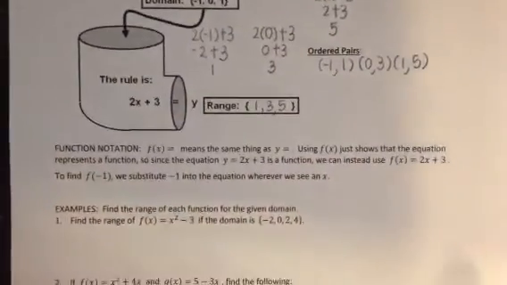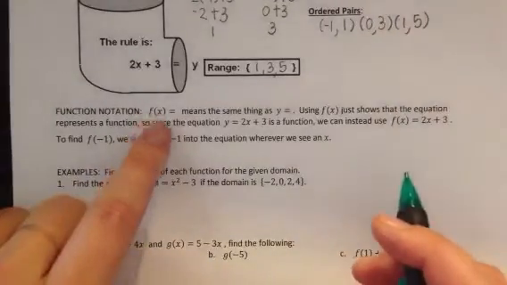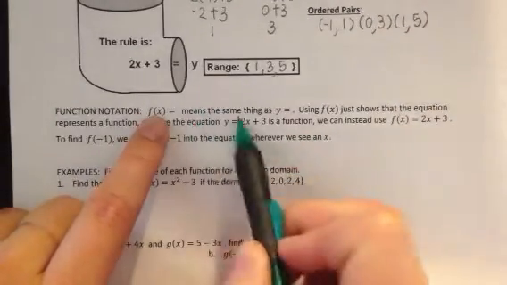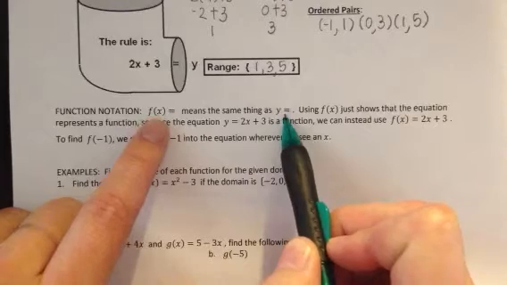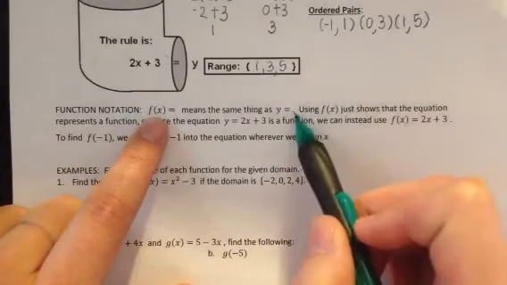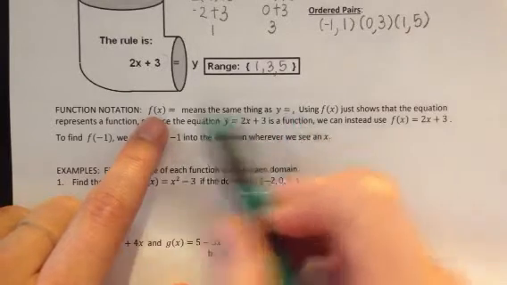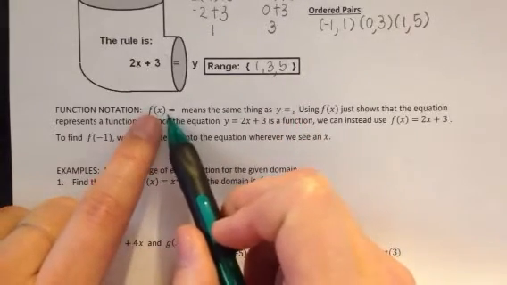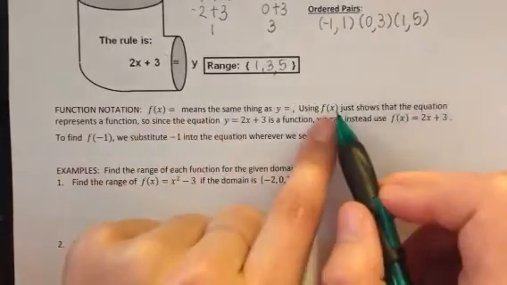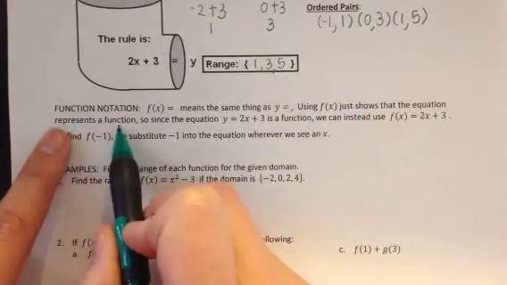Okay, so let's talk about function notation, how we notate a function. F of x means the same thing as y equals. So y'all have seen y equals for a while now. Now, instead, if that equation is a function, we're going to now start using the function notation f of x. Using f of x just shows that the equation represents a function.